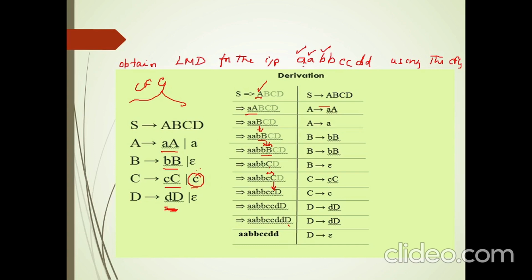So D gives DD, and finally D should vanish. So I get AABBCCDD. This is how I get the input. So this is an LMD. Similarly, you can try for an RMD.